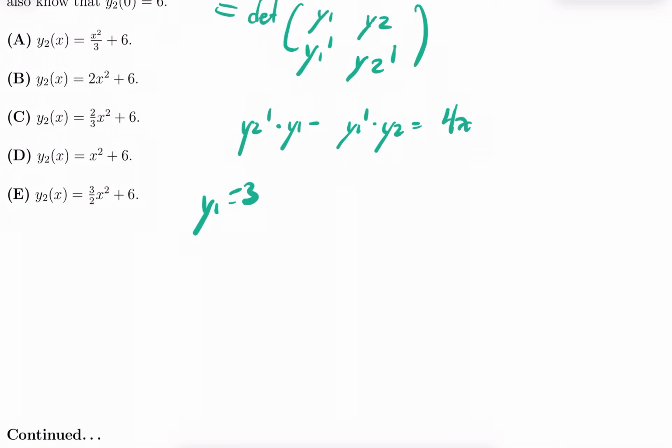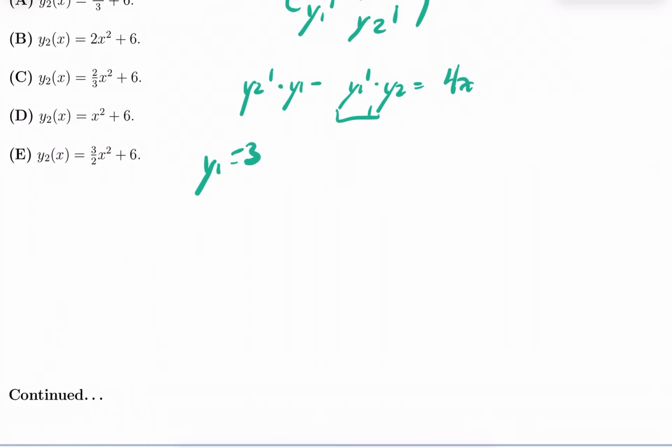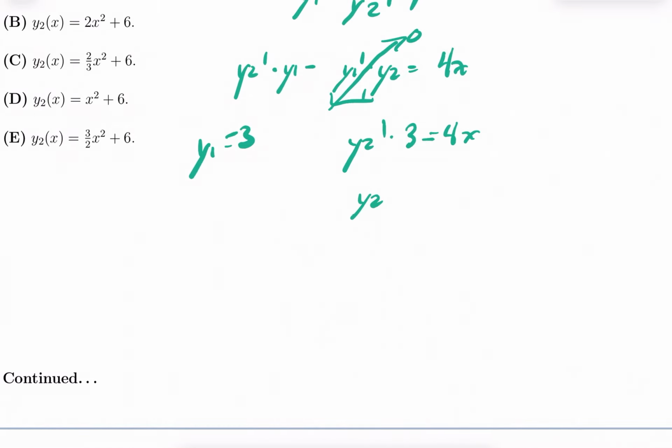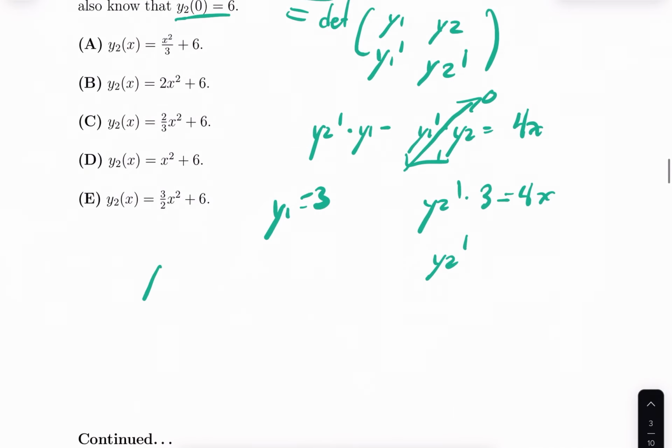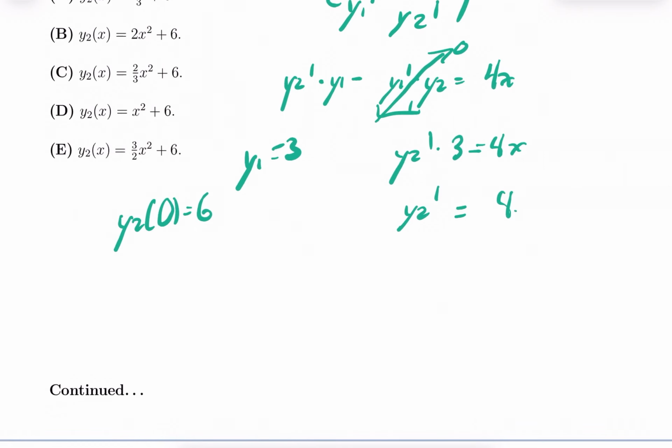Would you look at that? y1 prime, the derivative of a constant number, is 0. Get that out of here. y2 prime times 3 equals 4x. So y2 prime equals 4x over 3, and we know amazingly that y2 at 0 equals 6.